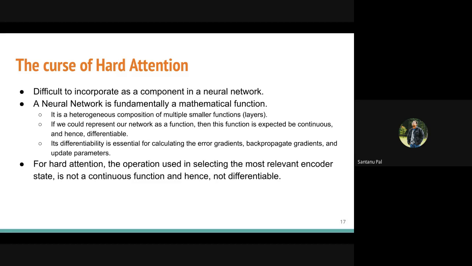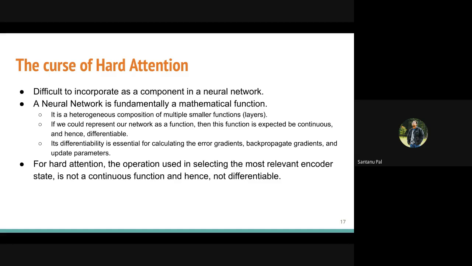A neural network is fundamentally a mathematical function, a heterogeneous composition of multiple small functions like layers.